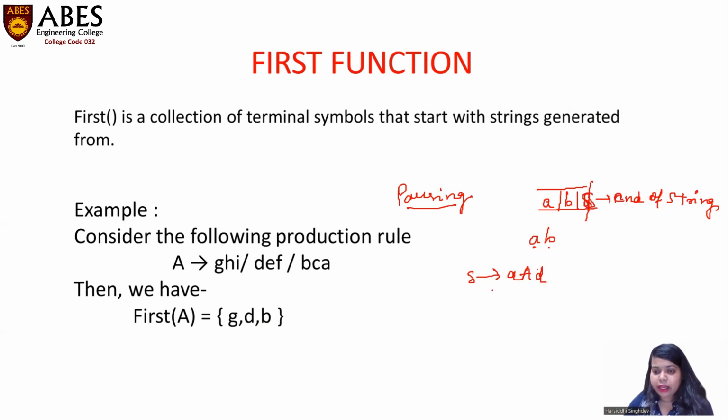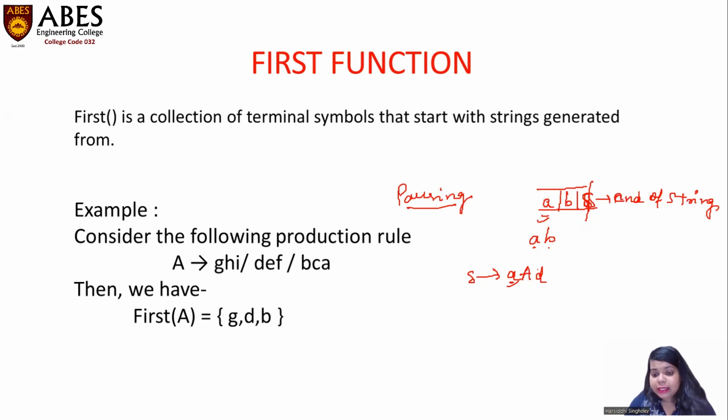We have to generate small a and small b, and the production rule given is S tends to small a. Here, S is the starting symbol which generates the first symbol a, and the symbol in the input buffer is a. So these two are matching. So the first symbol is matched.